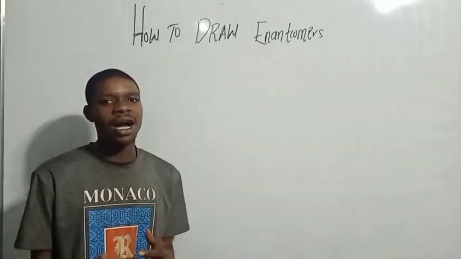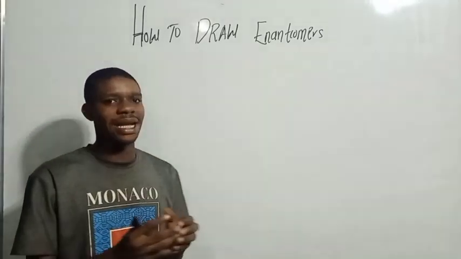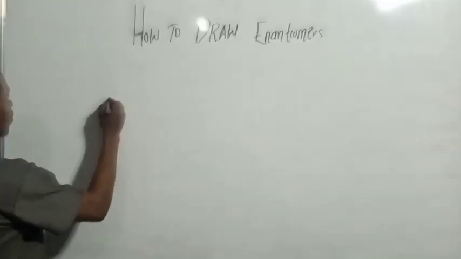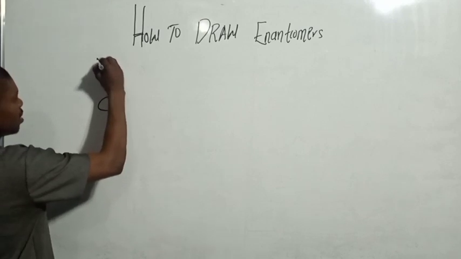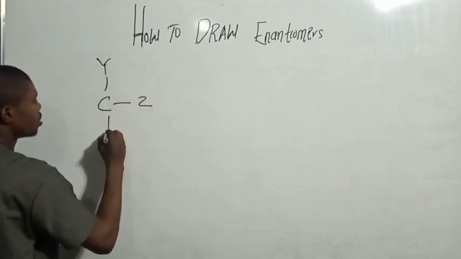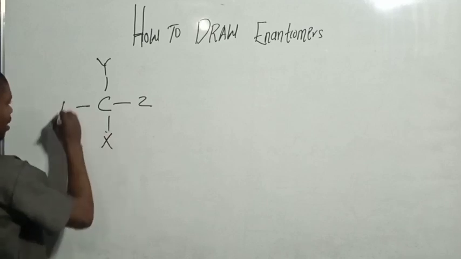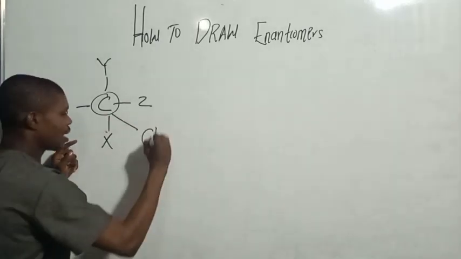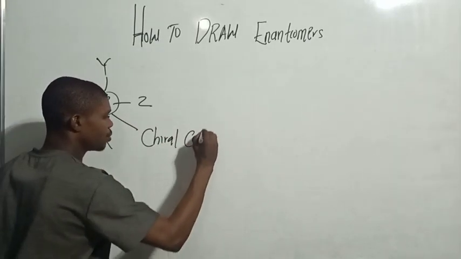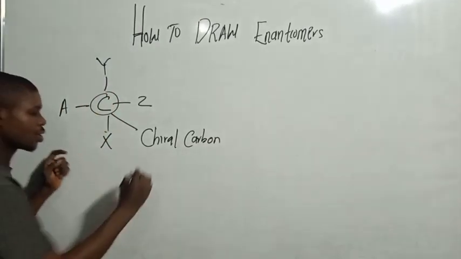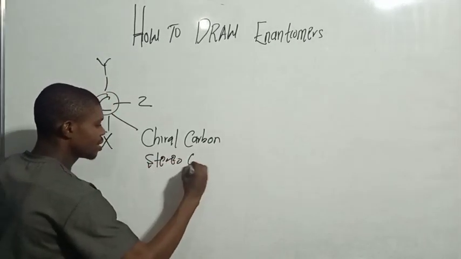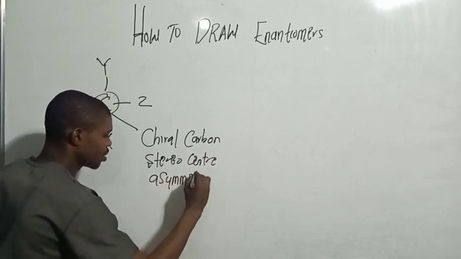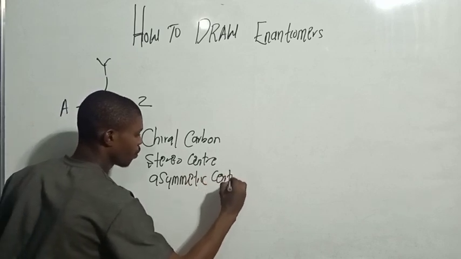So yeah, enantiomers are chiral molecules and they are mirror images. For example, if you have a chiral molecule here, X, Z, Y, and A, a carbon atom that has four different groups is called a chiral carbon. Another name you can use is chiral center or asymmetric center.